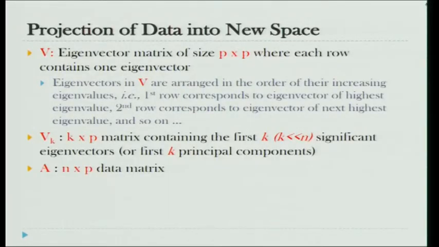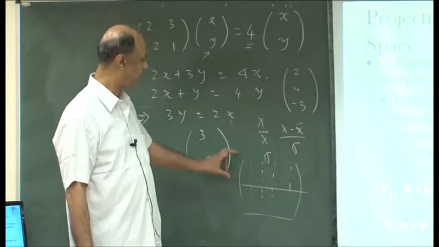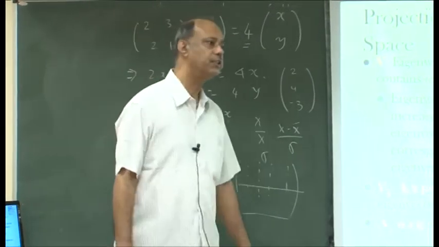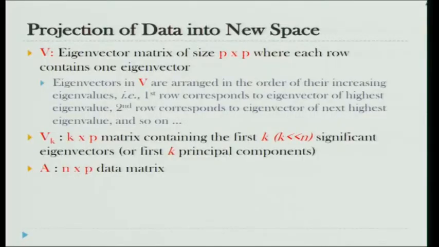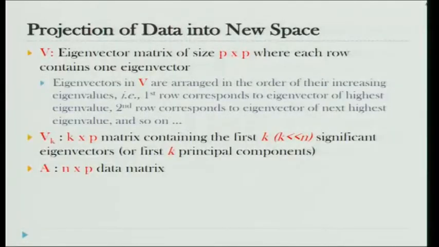Vk is the top k rows, because I do not want to consider the remaining ones. And A is your original matrix, n cross P. So A is the original matrix and Vk transpose is the top k rows of the eigen matrix. If I multiply these two, I will get X, which will be your projected matrix.